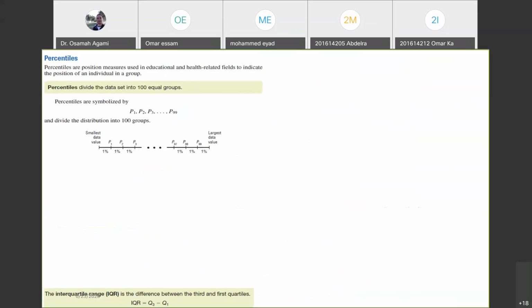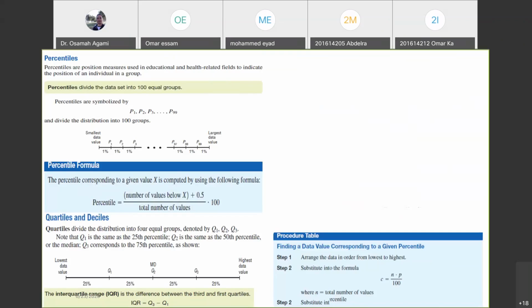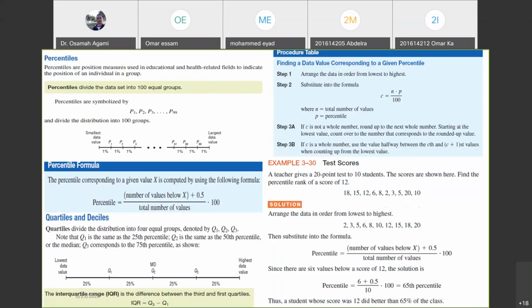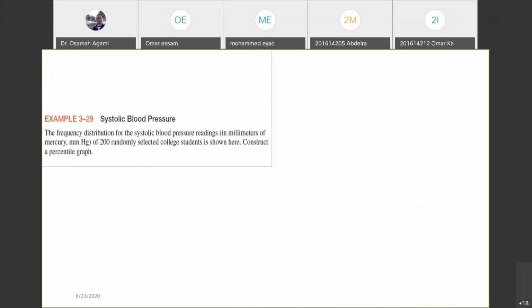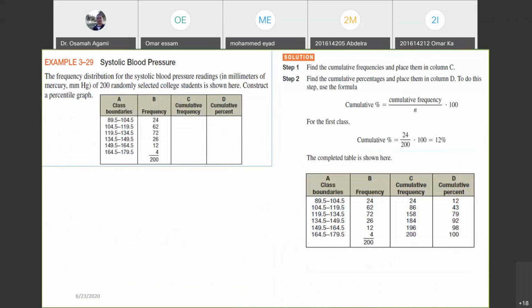Let's go for the second measurement of position, which is called percentile. Percentile comes from the percentage. So if you remember, when we went for the cumulative frequency Ogive distribution, I'll just show you.